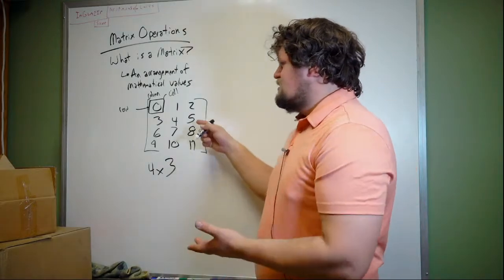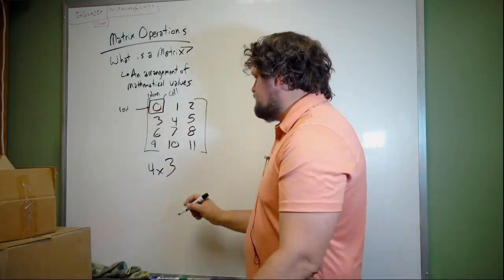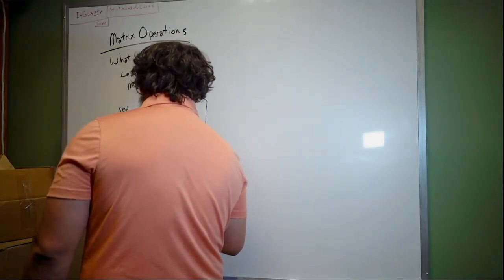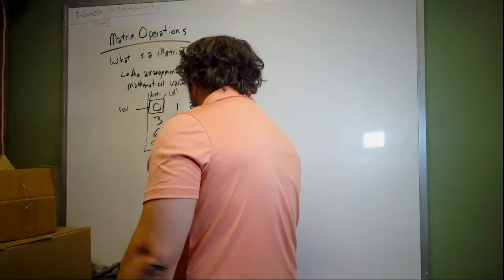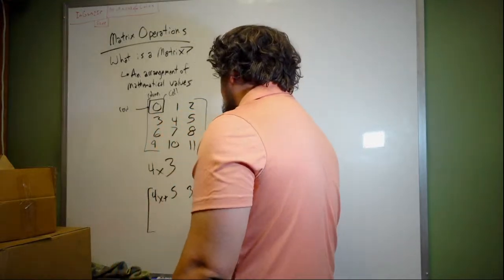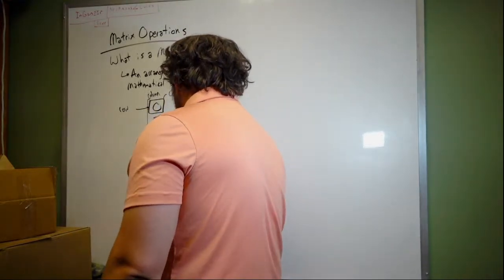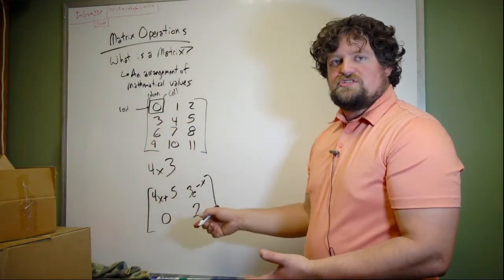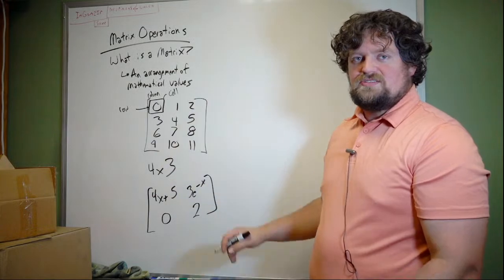And instead of having scalar numbers, we could have functions. So you have a matrix that's 4x plus 5 and 3e to the negative x, and you can have 0 and 2. You can have actual functions in here instead of having scalars.